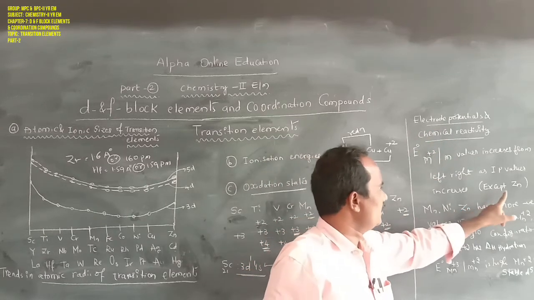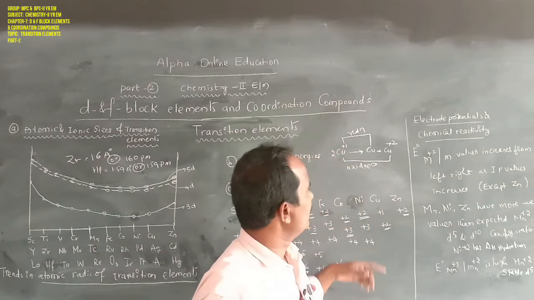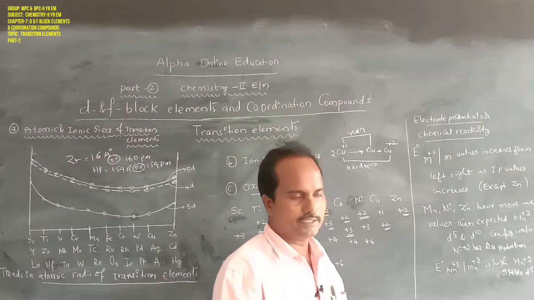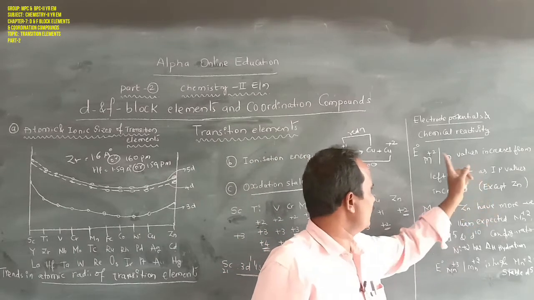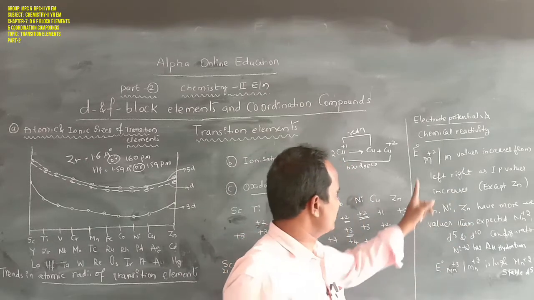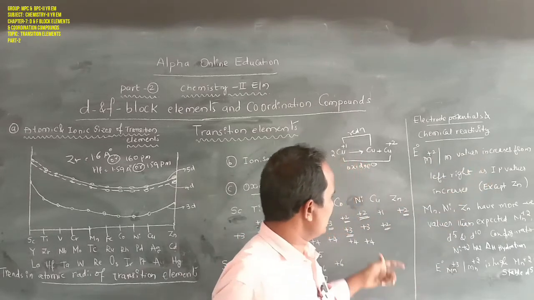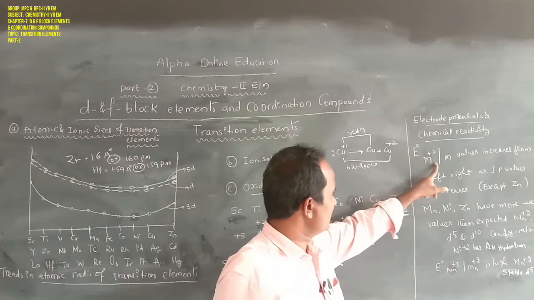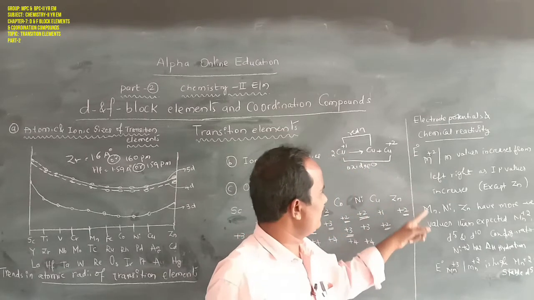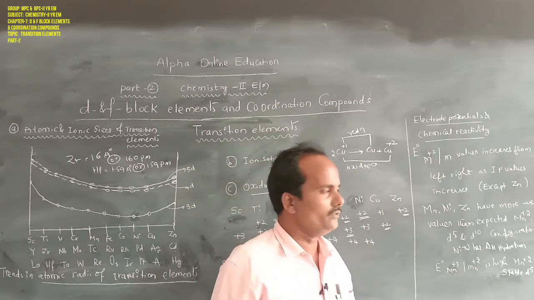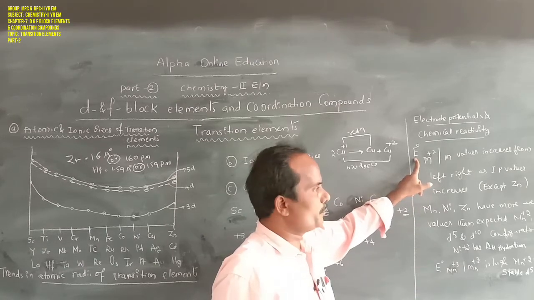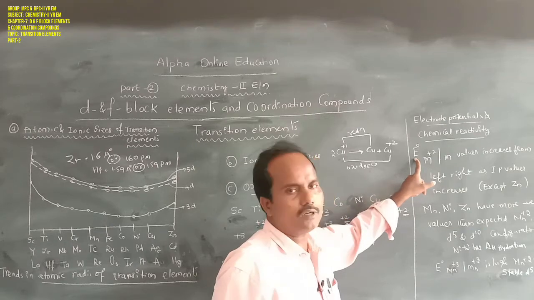Except zinc. Zinc has a negative standard reduction potential value, a very low reduction potential. Suppose you take copper; copper has a positive standard reduction potential value, that is plus 0.34 volts.